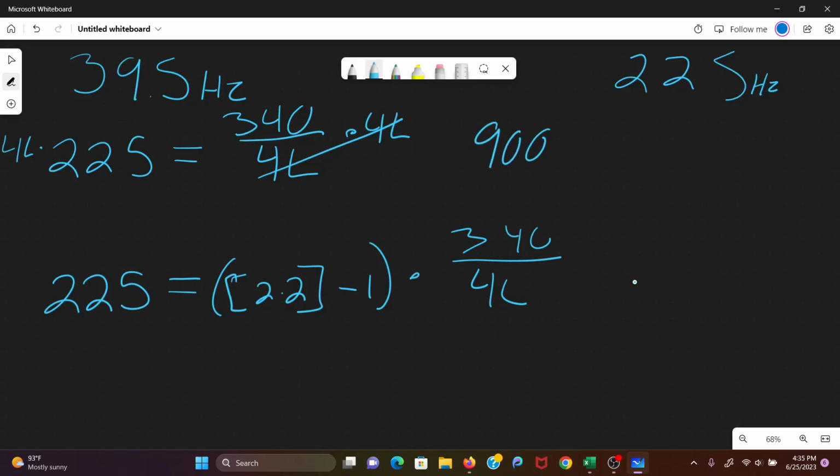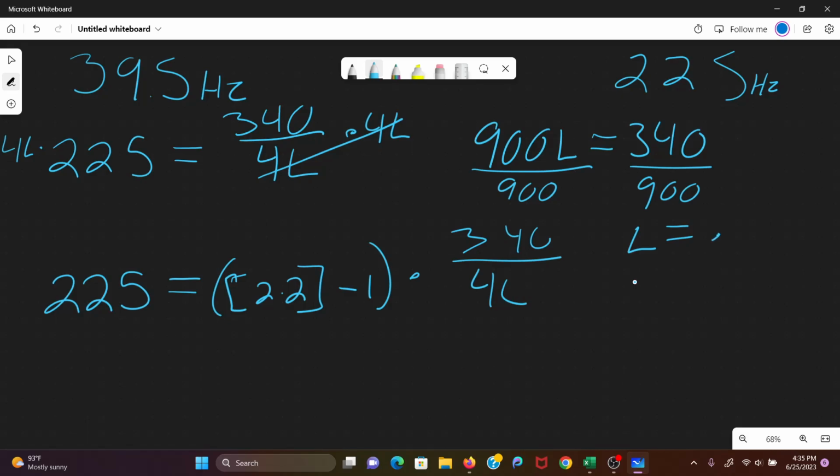So 900L equals 340. And now it's pretty simple from here. All we have to do is divide by 900, divide by 900, and you've got L equals 0.378. There's the answer to your first part of the question.